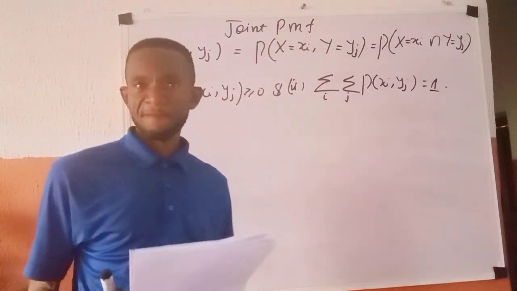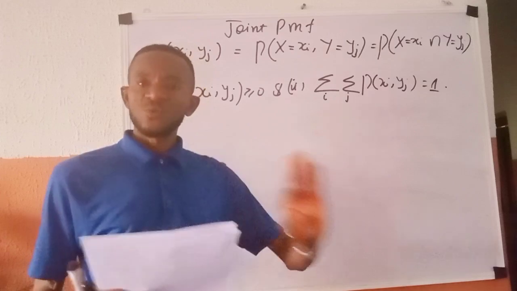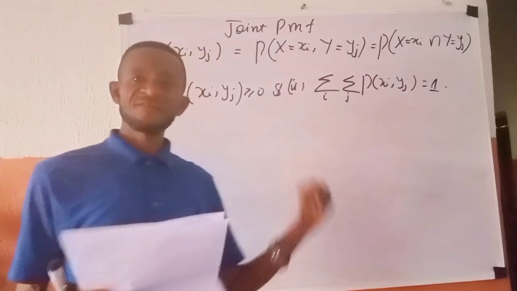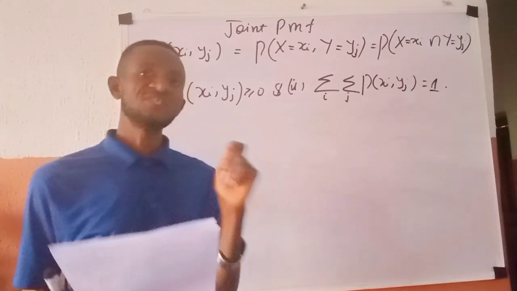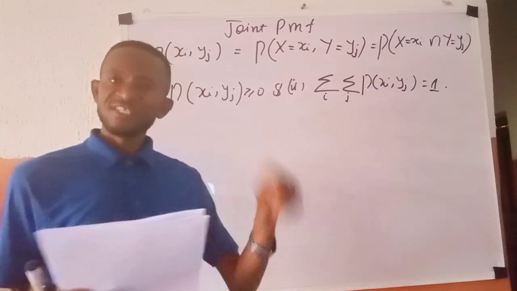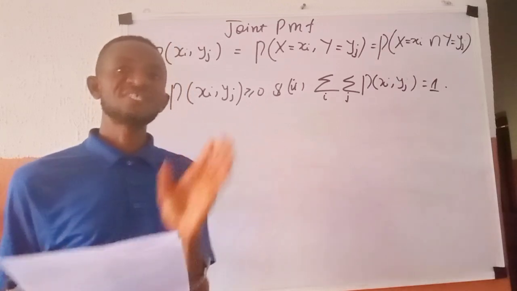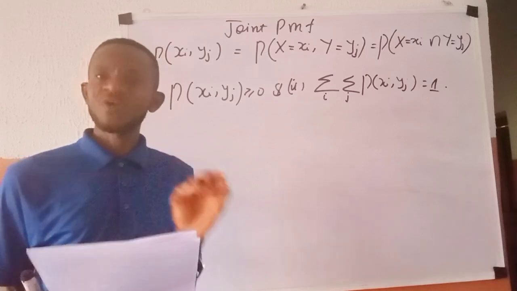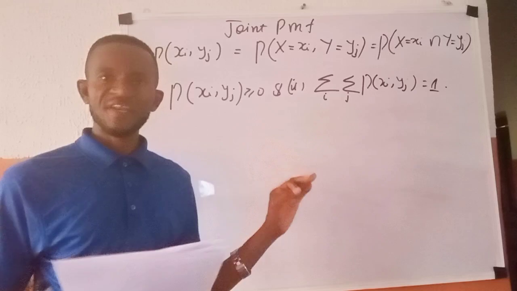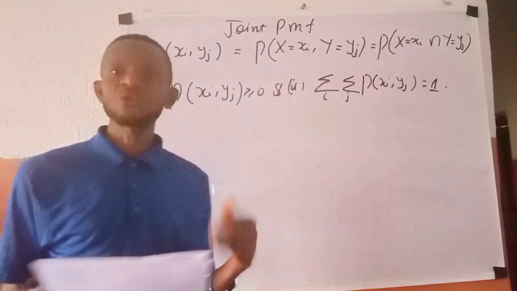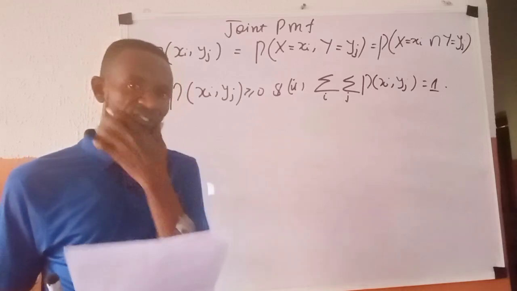We say that this probability defined is the joint probability mass function of a bivariate random variable x and y. I repeat, we explain a bivariate random variable. We say this bivariate random variable must have its own distribution, and we say the distribution is what we call the bivariate discrete distribution, or the joint probability mass function of the random variables x and y. We say, how do we define this bivariate discrete distribution?